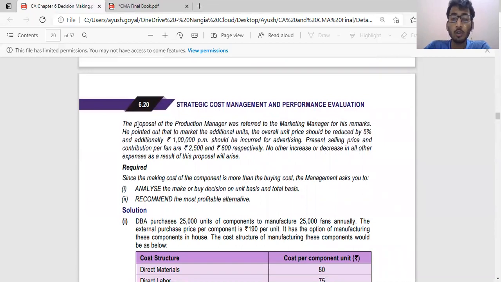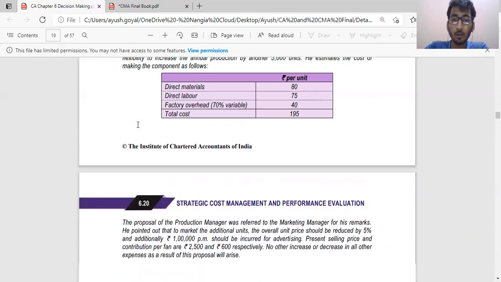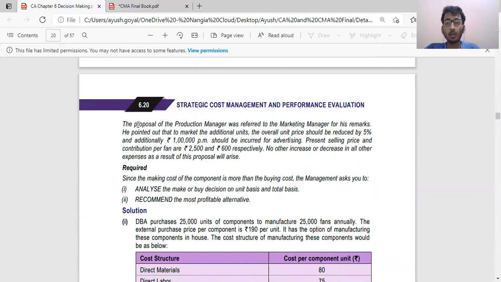The proposal of the production manager was referred to the marketing manager for his remarks. He pointed out that to market the additional 5,000 units which would be manufactured, the overall unit price should be reduced by 5%, and additionally, 1 lakh per month should be incurred for advertising. The present selling price and contribution of the fan are 2500 and 600 respectively. No other increase or decrease in other expenses will arise as a result of the proposal.